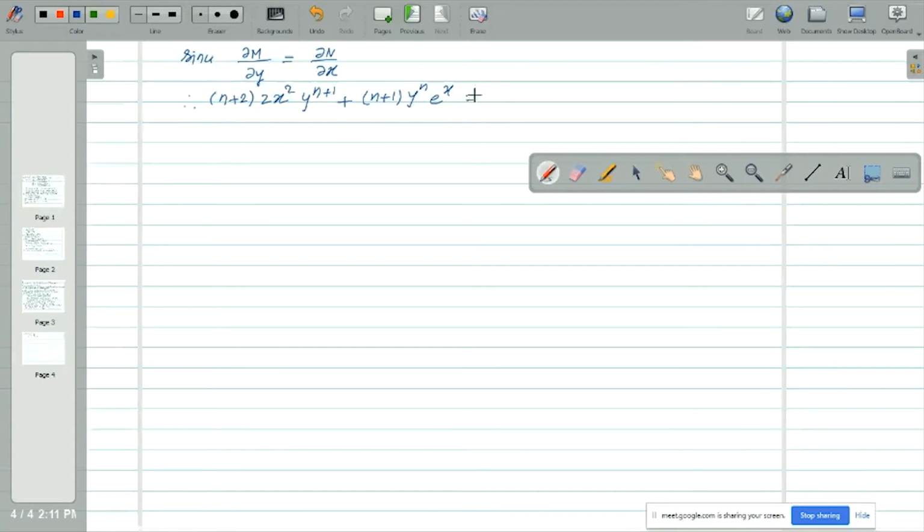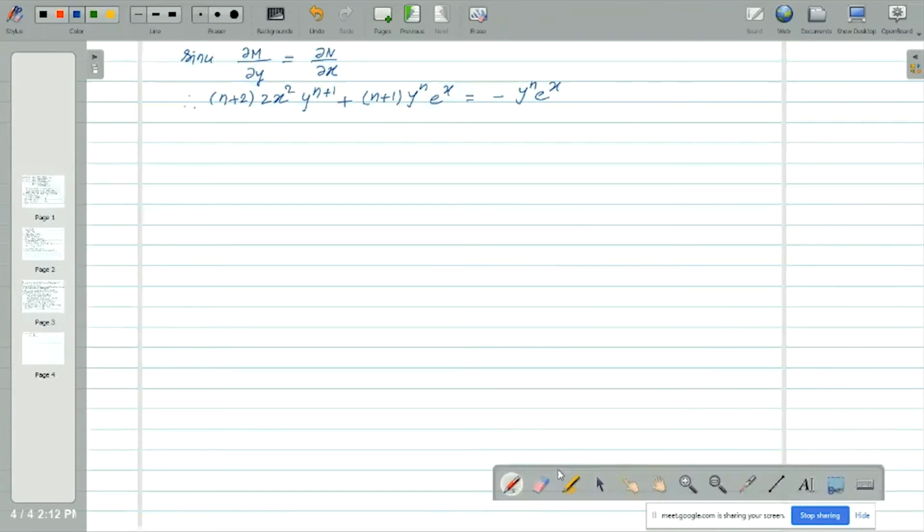Now ∂N/∂x, the right hand side, is minus y raised to n e raised to x. Okay, so this is our expression.